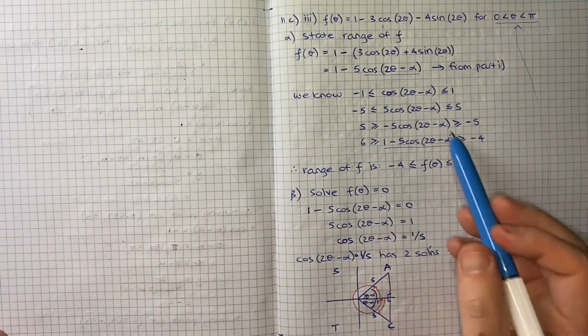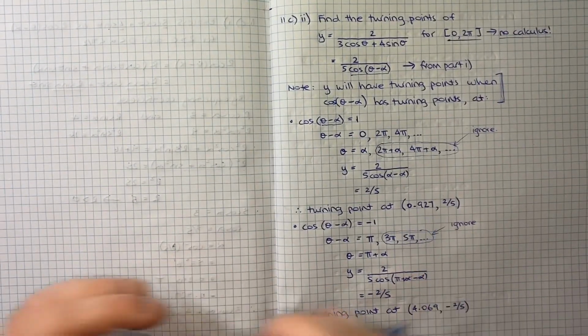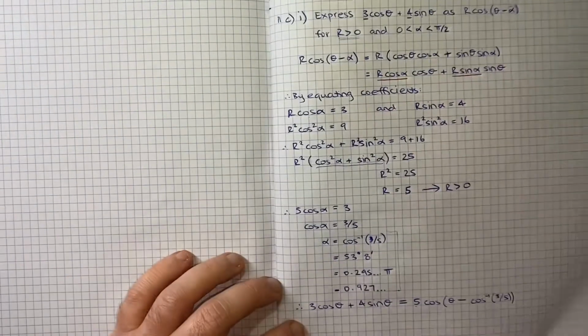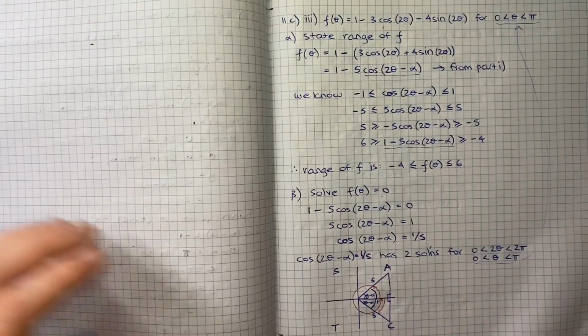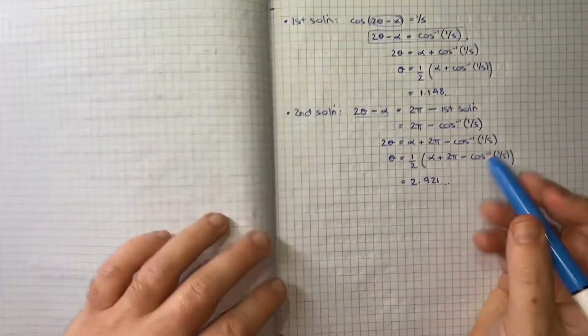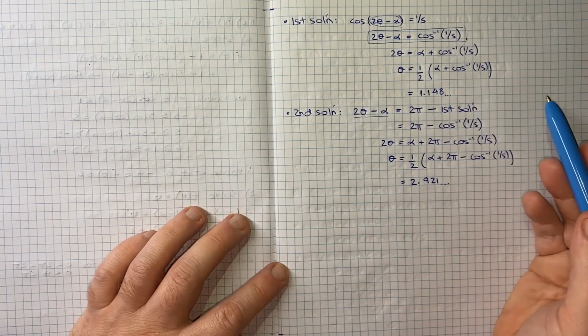If you look back at the rest of the parts of this question, I've typically just used 3 decimal places. The question didn't actually say, but I think 3 decimal places is probably a good level of precision if you haven't been specifically told what to do. So yeah, that's actually it for that question.